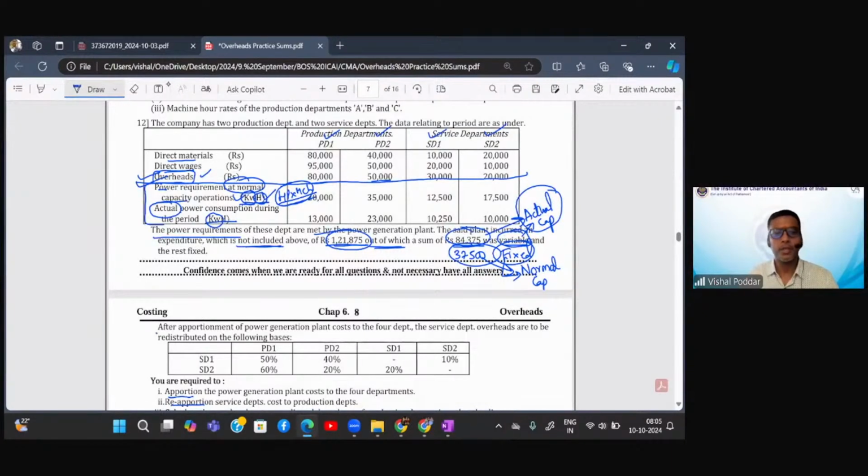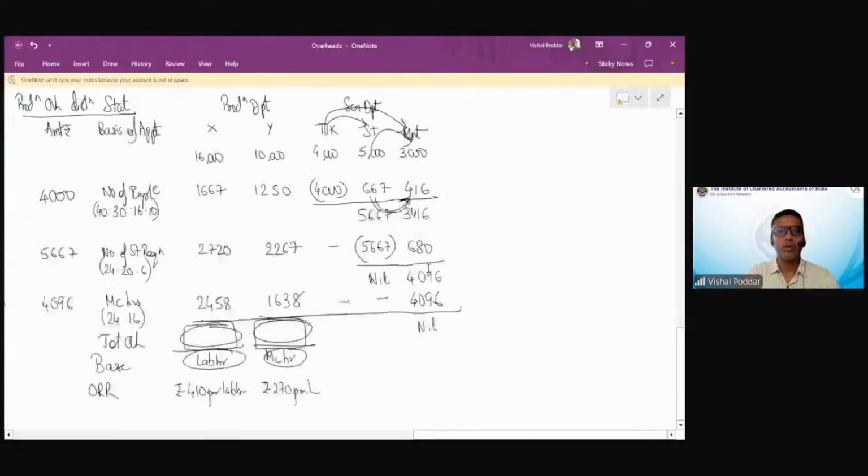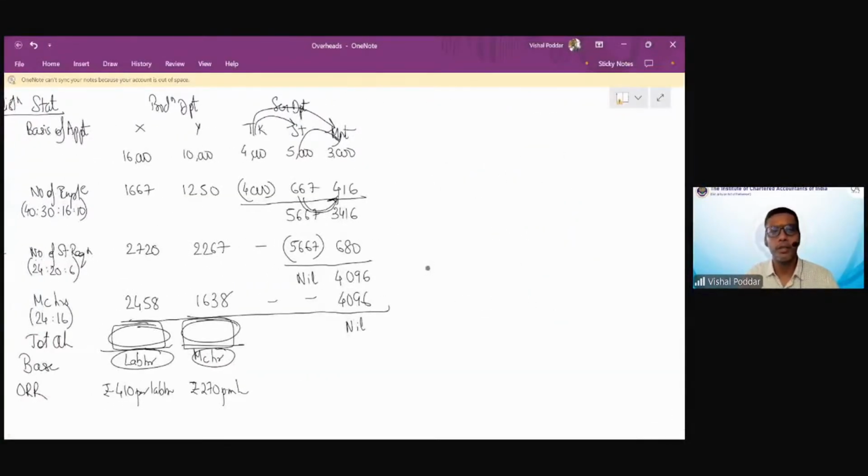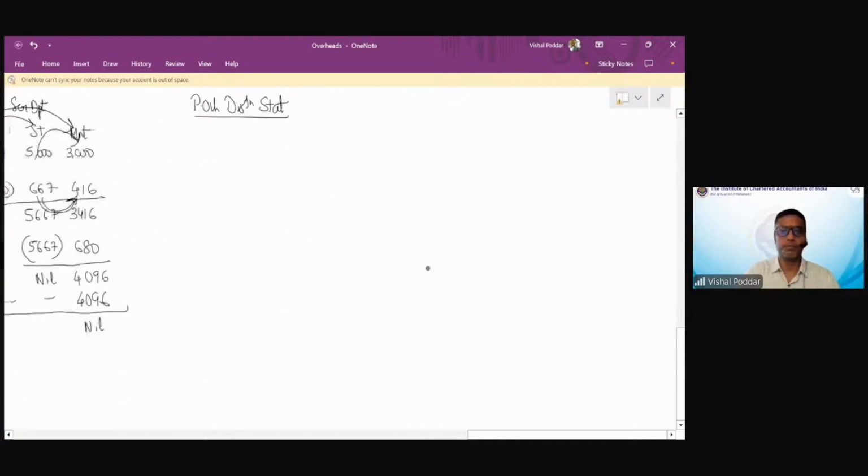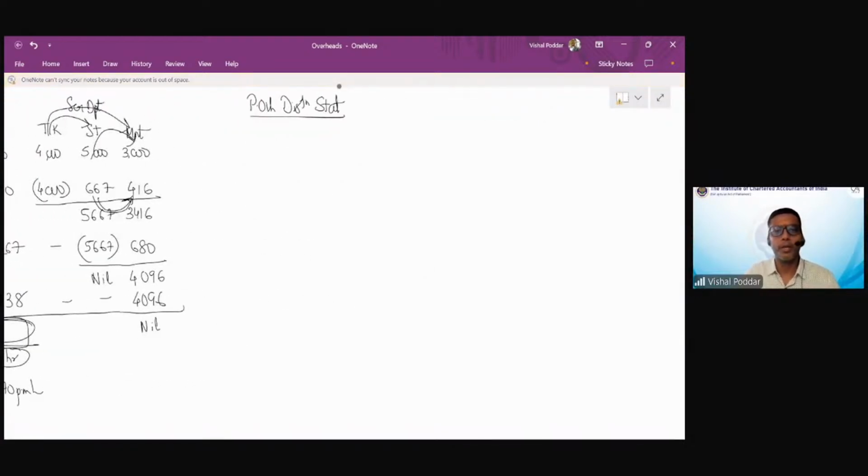Now further after this, they have said that after apportioning power cost, which will be the primary part, the service department overheads will be apportioned like this. We'll do that later. Let us first go to the primary part. Alongside me, you all also start solving. So, production overhead distribution statement. Same format.